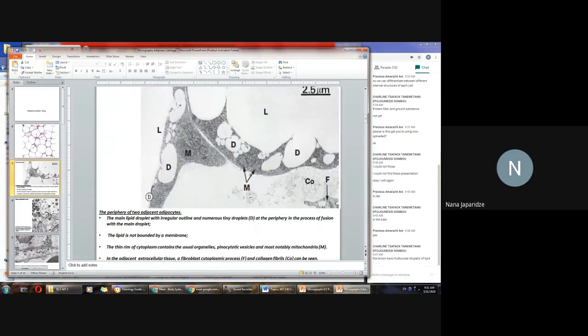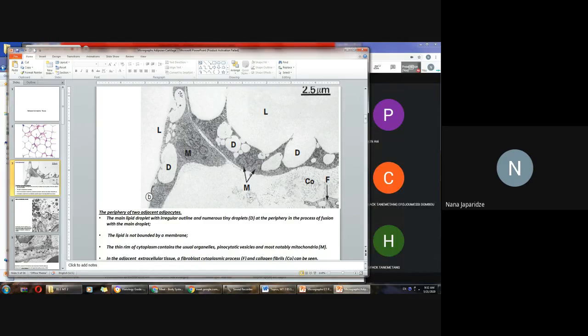Look at this image. These are lipid droplets. Here we have parts of two adjacent adipocytes. Look, this is part of one cell, this one, and this one is part of another cell.